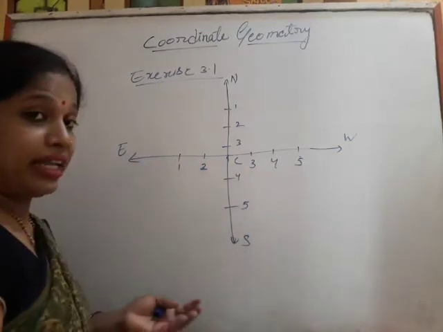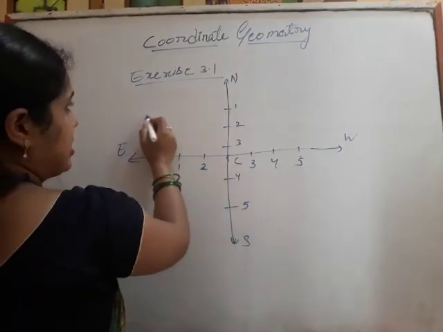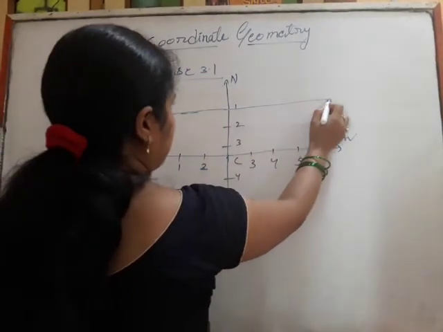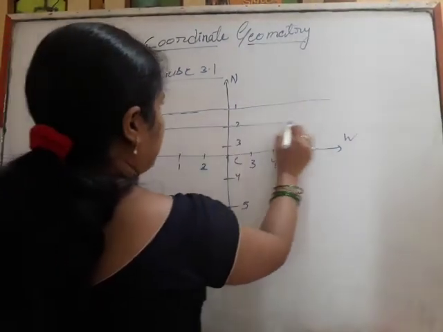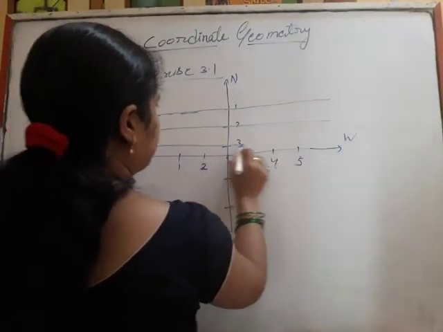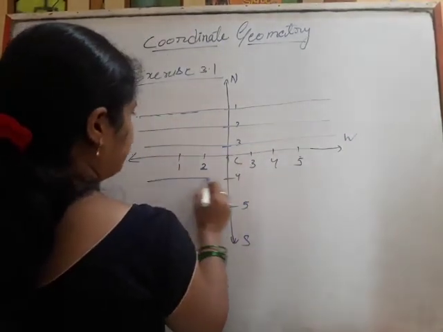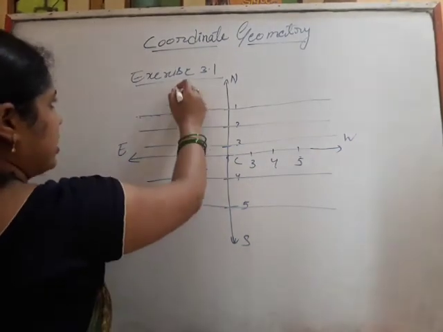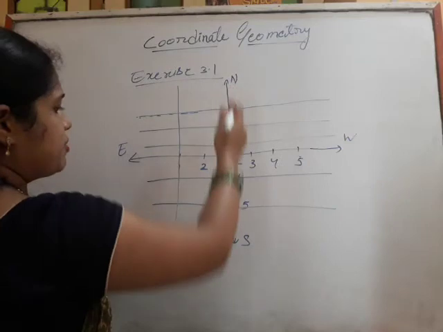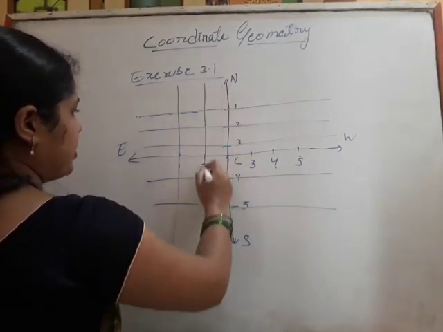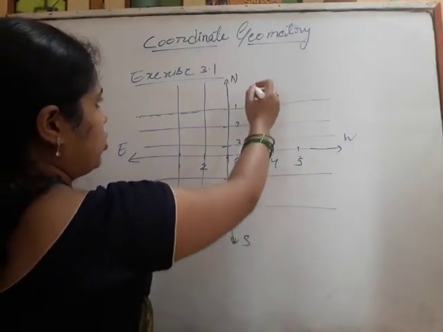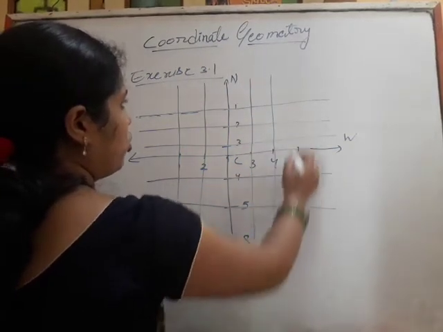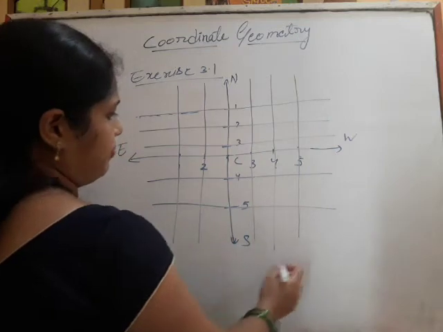A line is needed to draw this, as the question says. Like this. The 4th street, the 5th street. The 1st street parallel to the north-south direction, the 2nd street, then the 3rd, 4th and 5th.